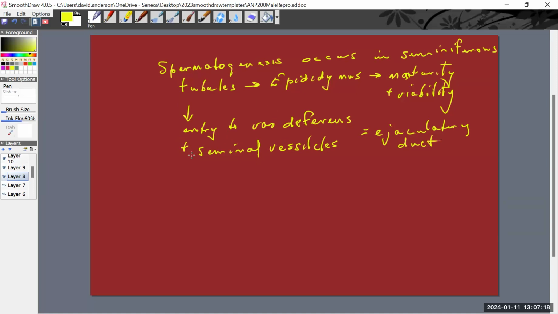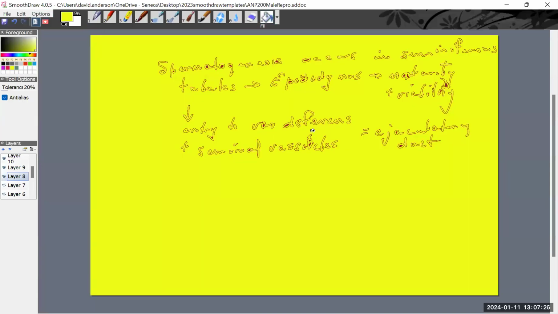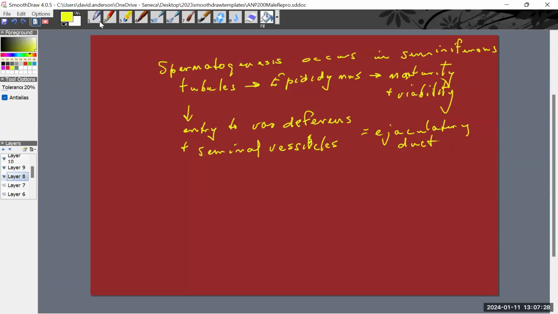So the vas deferens plus the seminal vesicle ducts, vesicles, that's not there. Whoops. Let's get rid of that. That should just be the letter I in that space. Vesicles, that's what's going to give us the ejaculatory duct.